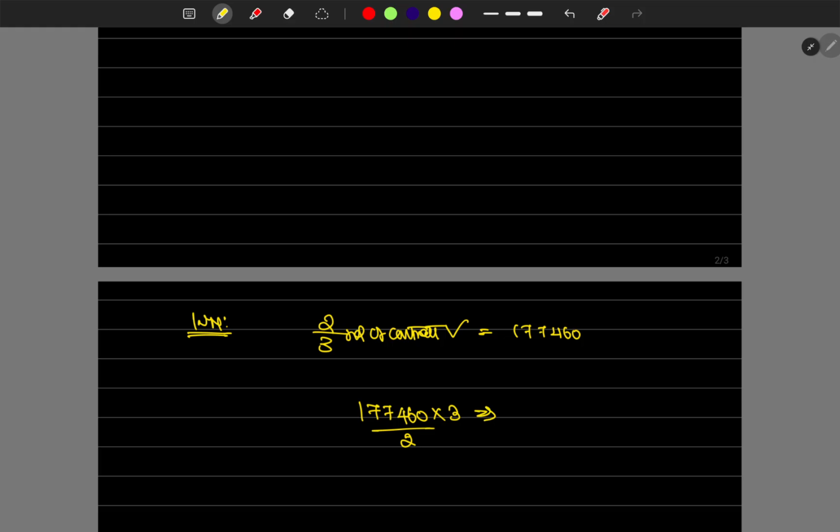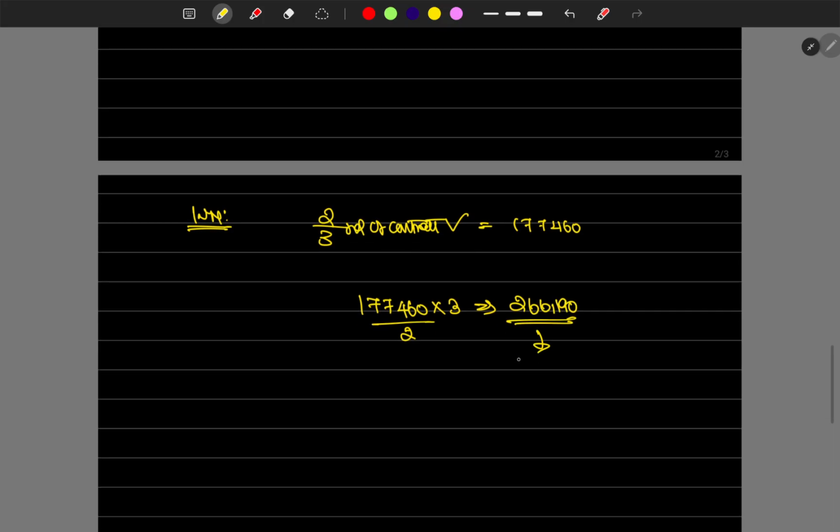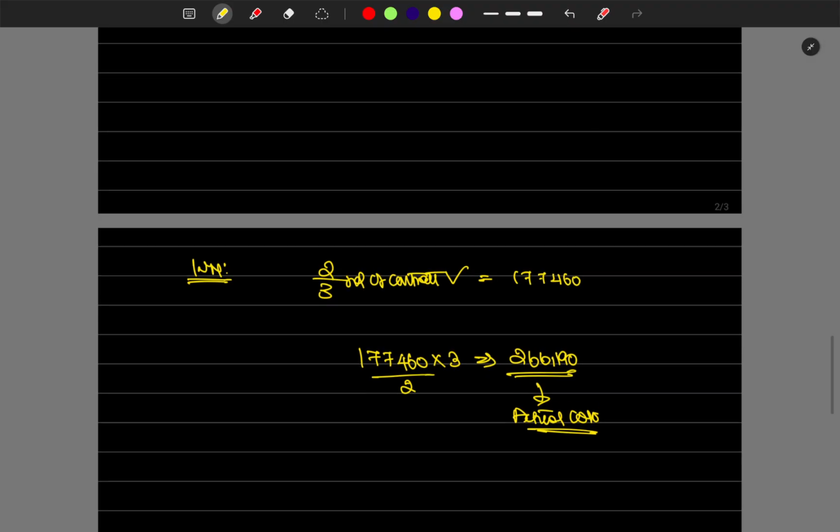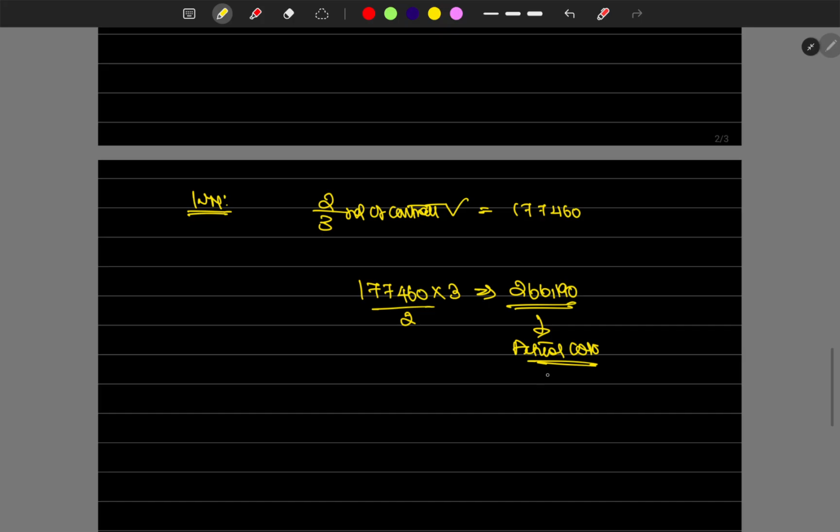We get the whole figure, which is 2,66,190, the actual total cost incurred for this contract. So we have found the actual cost also, but from this we have to find out the work certified. So what's the work certified?